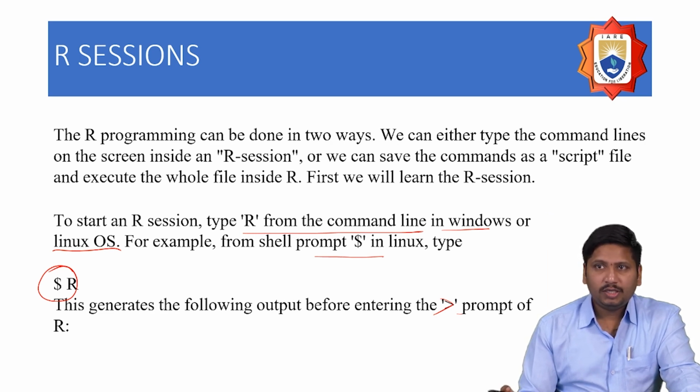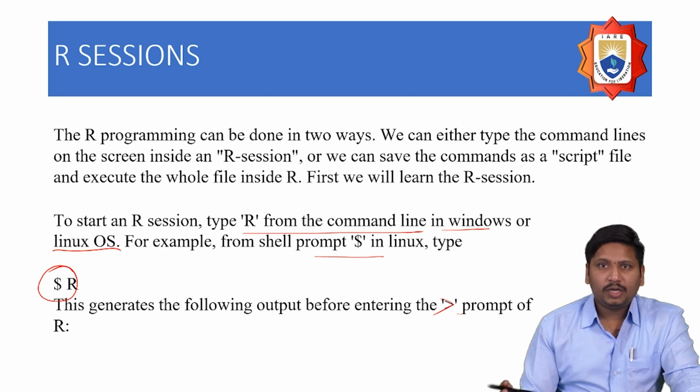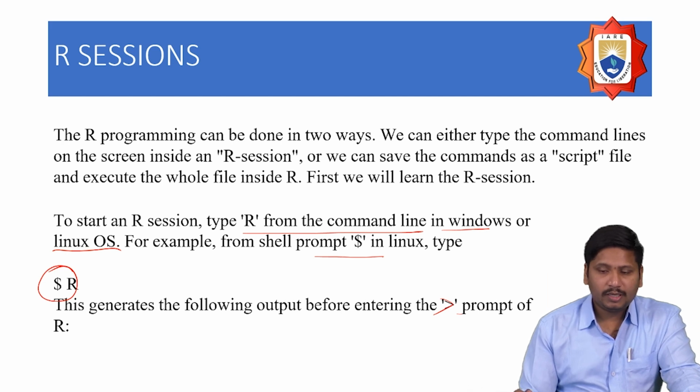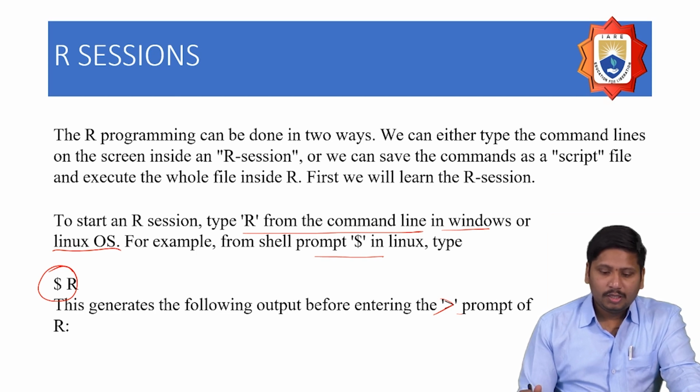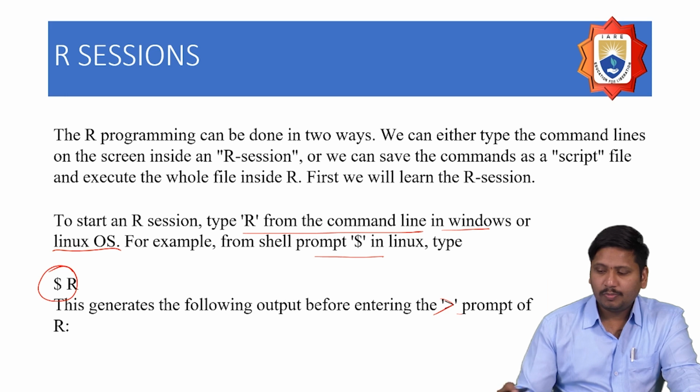First, we can type the command lines on the screen directly in the R session, or you can save the commands as a script file .R and then execute the whole file at a time. To start the session, just type R in the command line in Windows or Linux, where the dollar prompt will come. Once it comes, you get the R prompt as well.